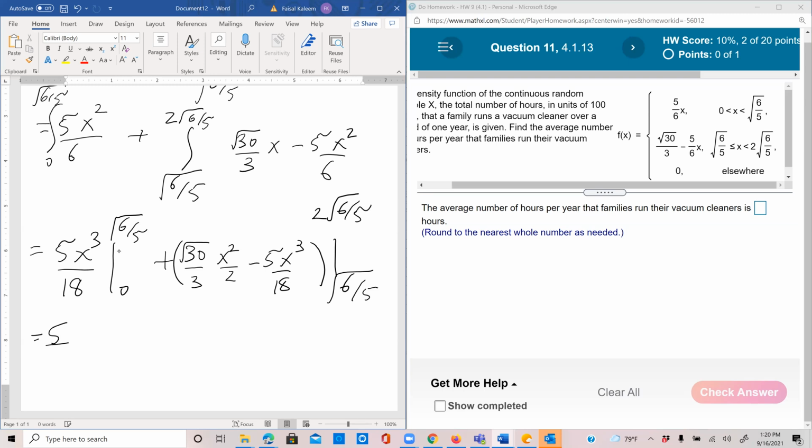So it'd be 5/18, and the first one would be square root 6/5 cubed. Okay, let's write it as square root 6/5 cubed. Plus, and the second one is square root 30 by 6 and x squared. So x squared would be 4 times 6/5.